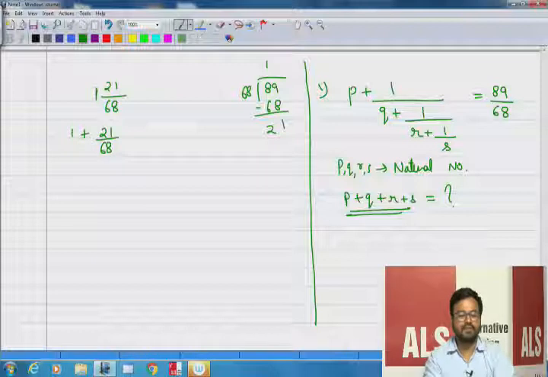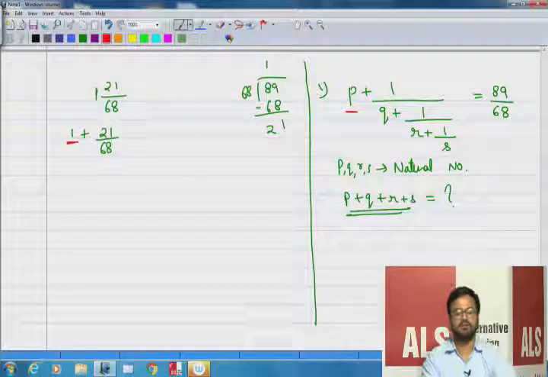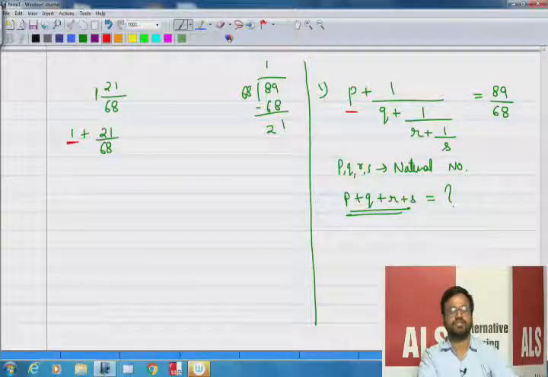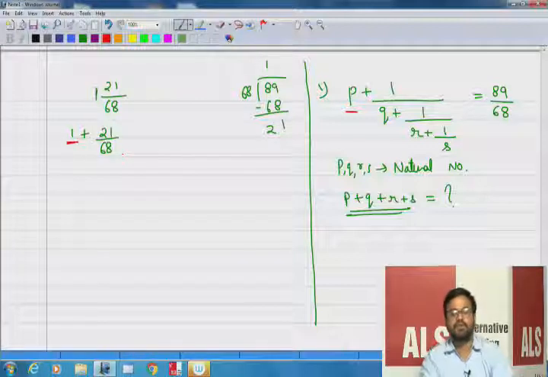Now if you compare this part, this 1 will correspond to this P, but here on the right hand side we have again this complete fraction, but here we only have 21 by 68, and 21 by 68 is a proper fraction. It is not improper since the numerator is less than the denominator, but we want 1 over here.